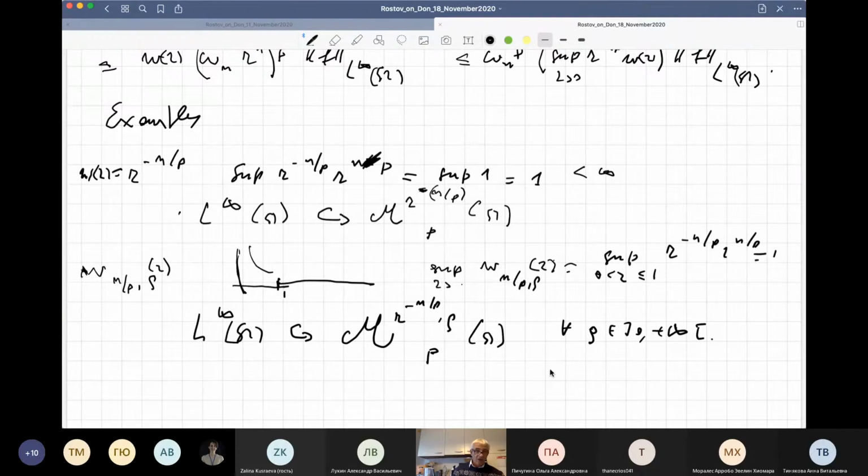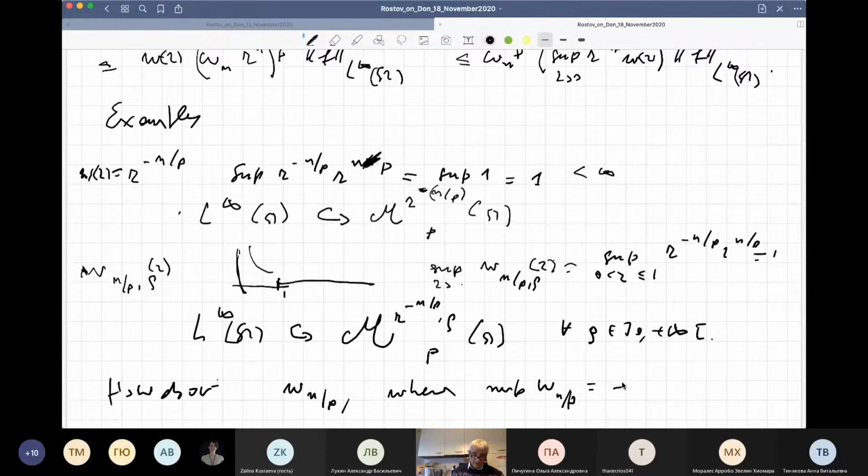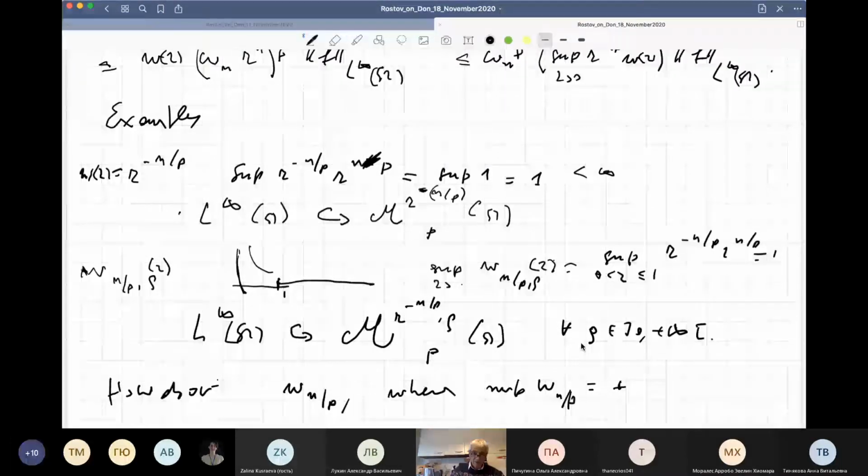A different story goes for the other weight. How about the weight w n over p, where the supremum of w n over p goes to plus infinity?